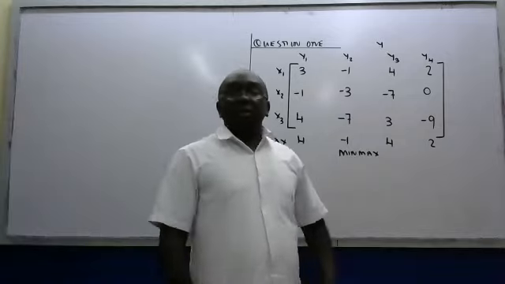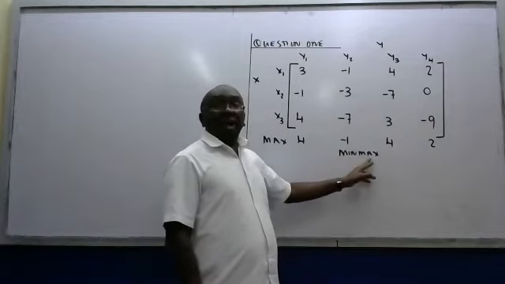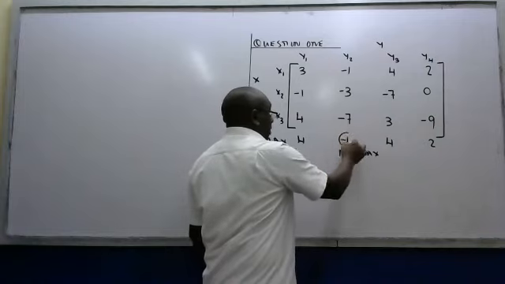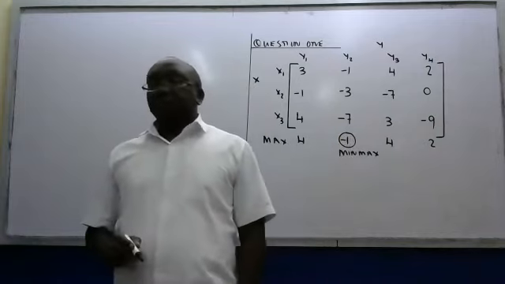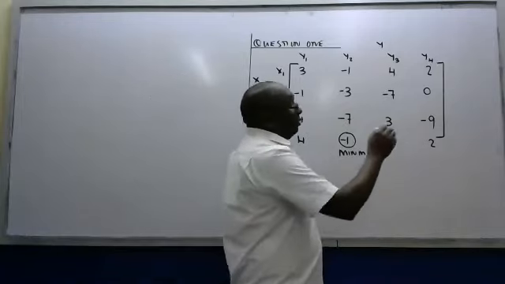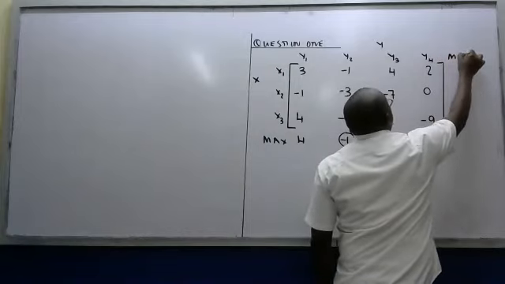Now min-max means, as we saw the other day, select the minimum of the maximums. So the minimum of the maximums is this one. So you circle that. Then we come to this other side, you extract the minimum.